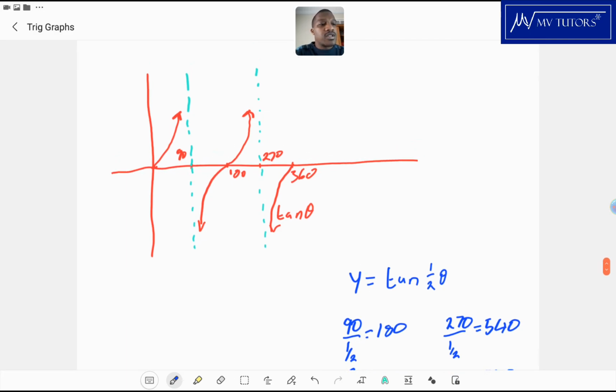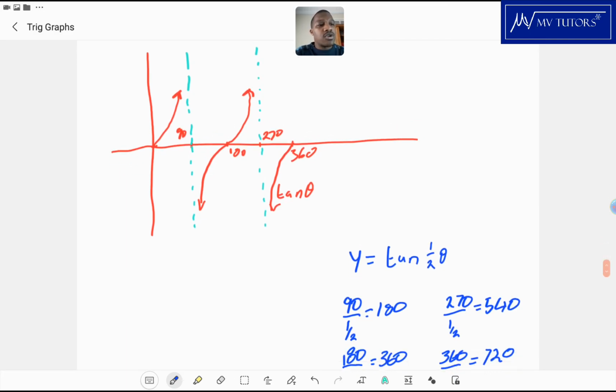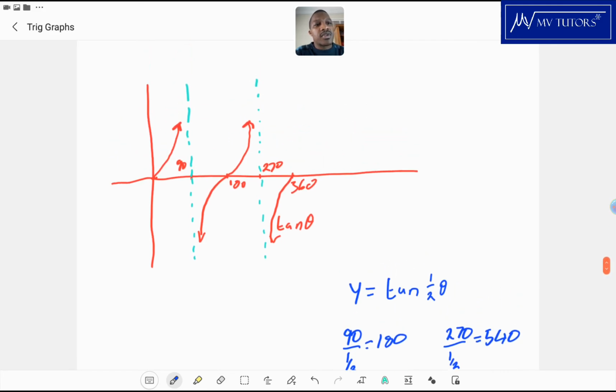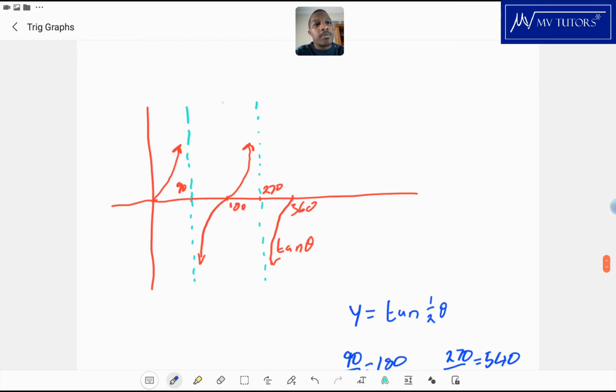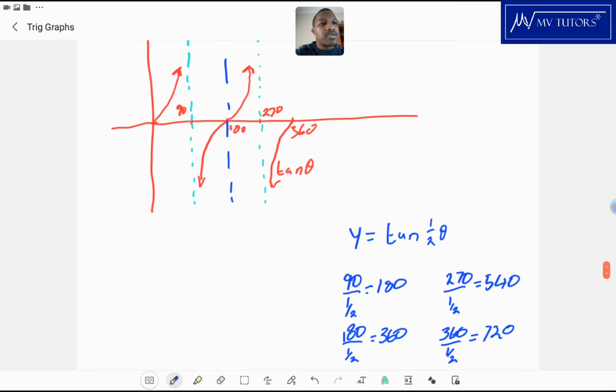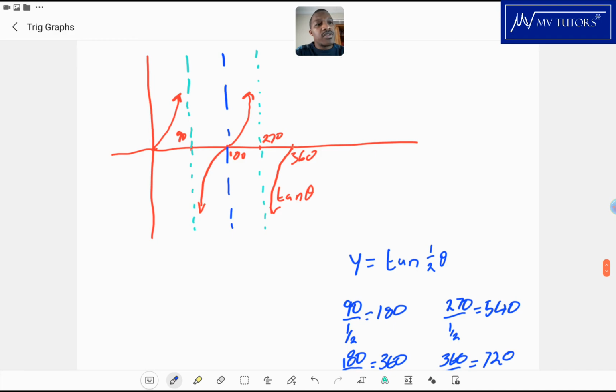So that means at 90 we had an asymptote, and our new asymptote is going to be at 180, right there, for this new graph. Then 180 becomes 360, so it's going to be 0 there, which means our graph is going to start there.